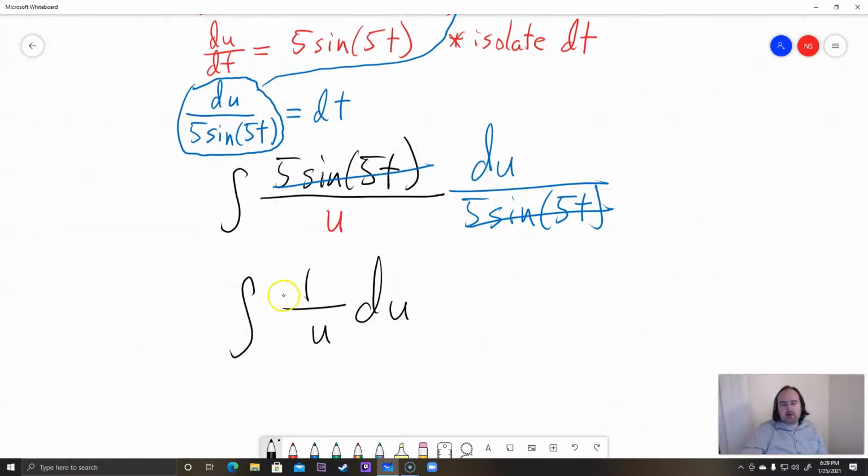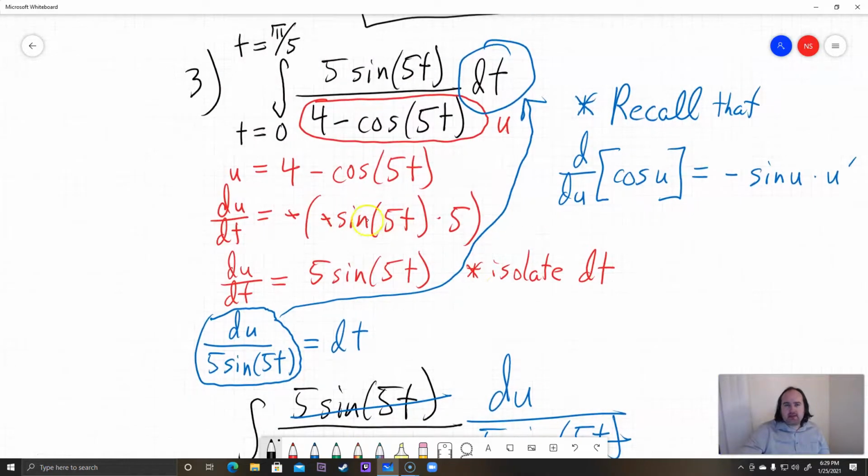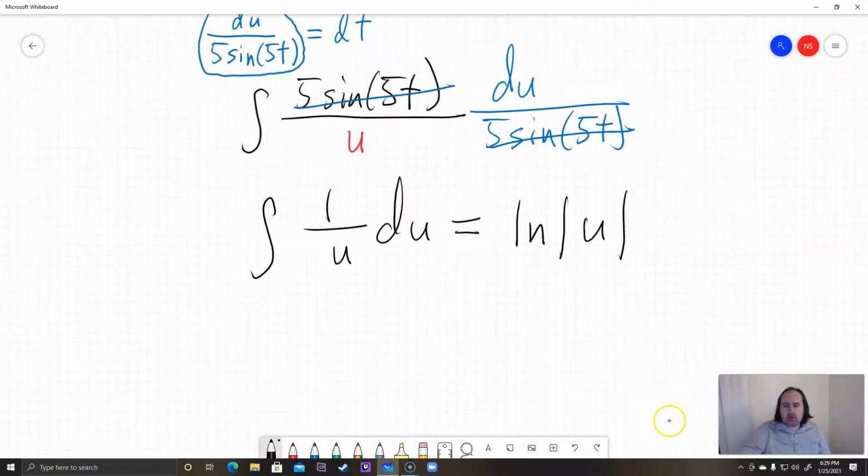Okay, so like here, the integral of 1 over u du is going to give us ln of absolute value of u, but we're not going to write plus c because this is actually a definite integral. We have to plug in the numbers at the end. Okay?